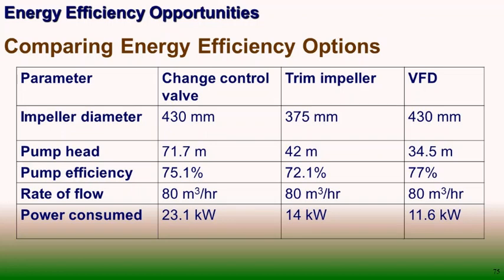Now, changing control valves should at all times be avoided because it reduces the flow, but power consumption is not reduced, rather it increases the maintenance cost. So we have to judiciously utilize the options and go for a better control arrangement.